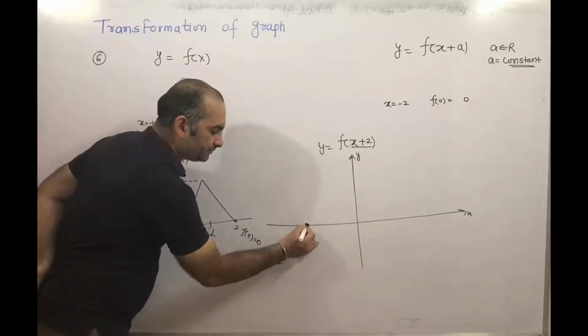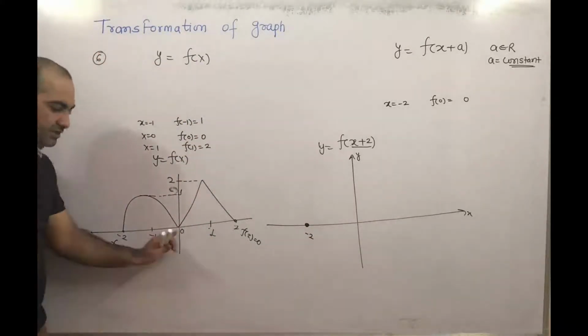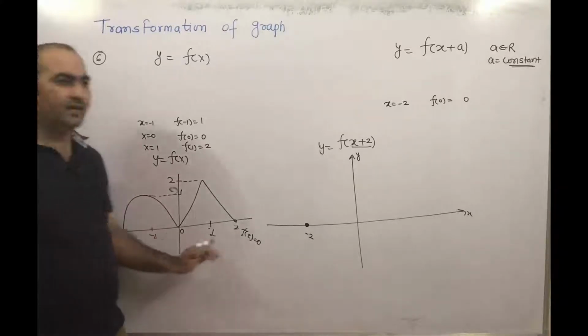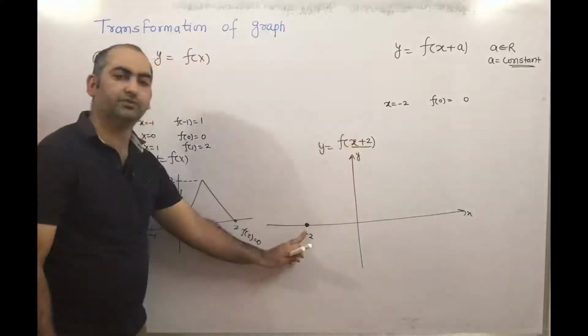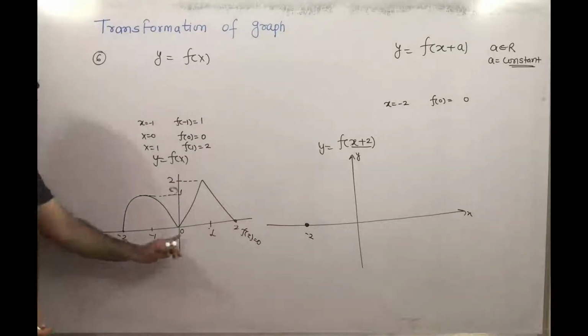This point will come. Correct? In y equal to f(x) we get 0 at x equal to 0, but here at x equal to -2 we get 0. That means the graph is shifting to the left hand side.